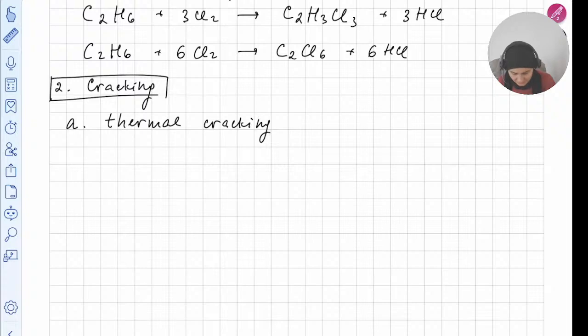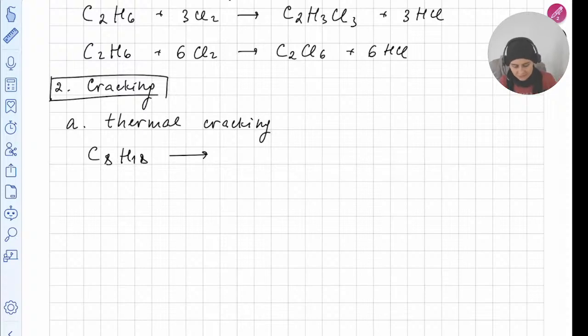Let's write an example. So let's say we have something like C8H18, so it's a long chain alkane, and you just decompose it to form an alkane and an alkene. And again, the chain can break anywhere. It's more or less a random process.